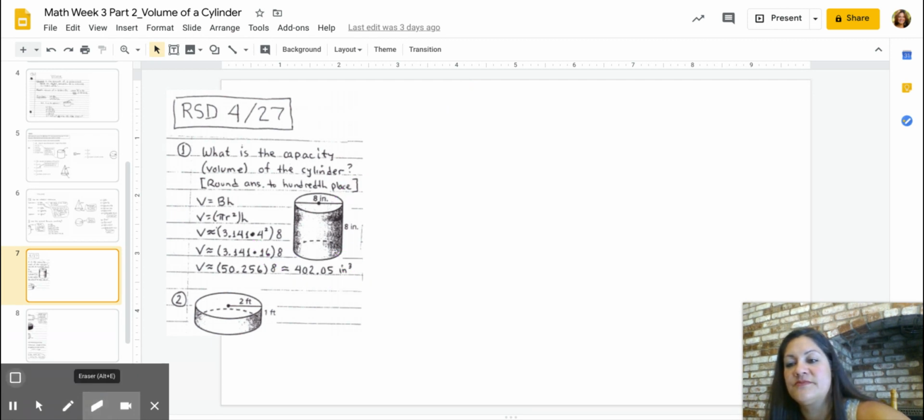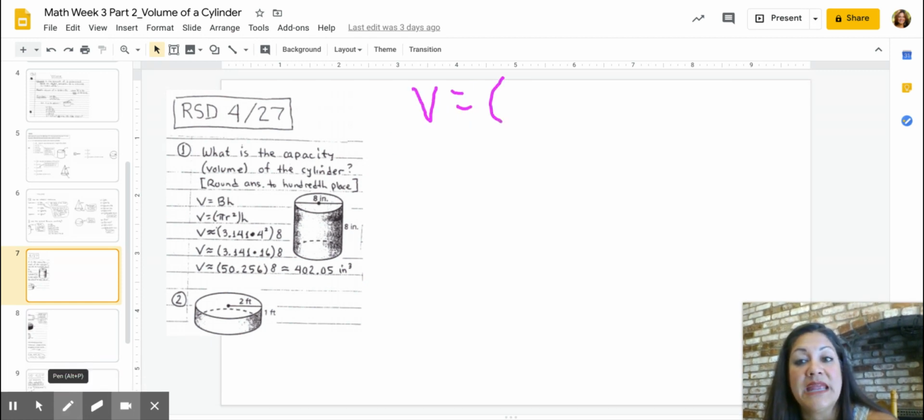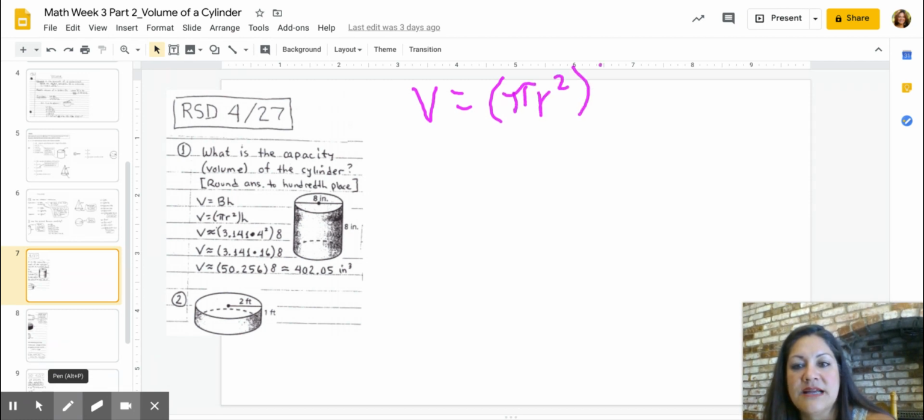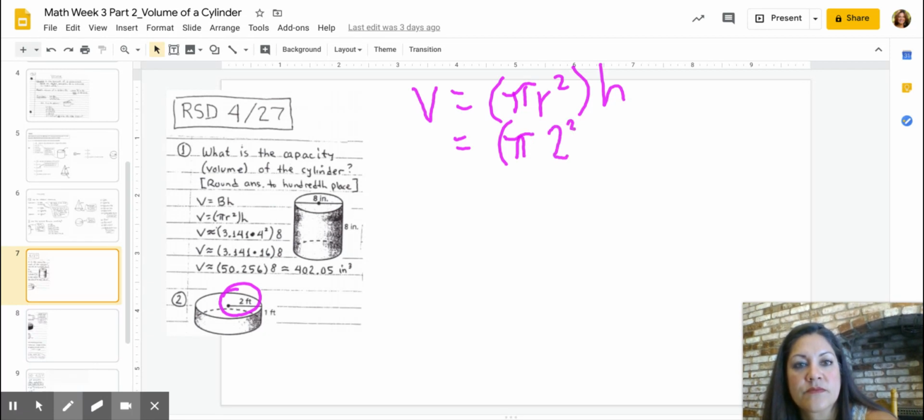Number 2. Okay, so our formula is volume equals base, which is pi r squared, times height. Here we have our r is 2 feet and our height is 1.